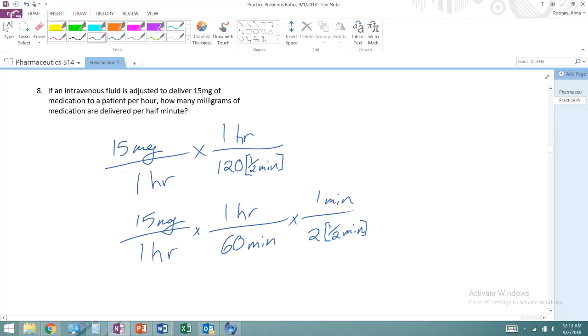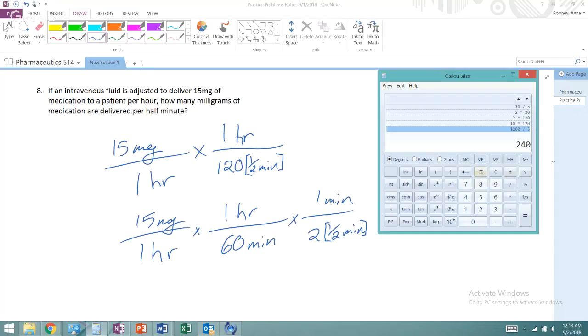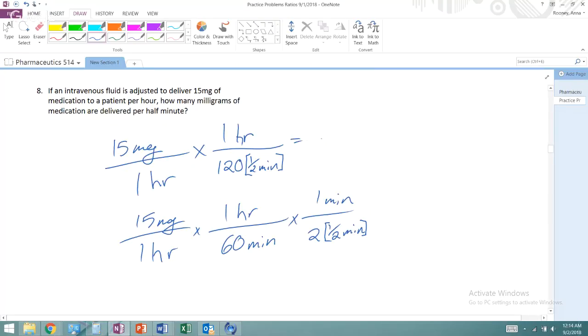So this one, we are not doing the cross multiply. You are just straight up dividing this. So you're doing 15 divided by 120. All right. So 0.125 milligrams of medication.